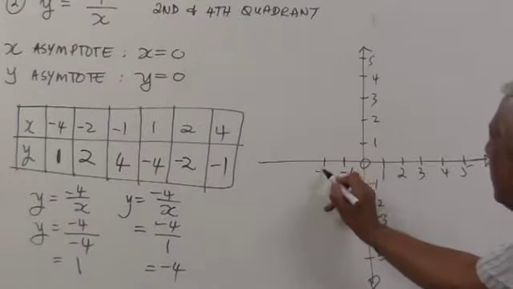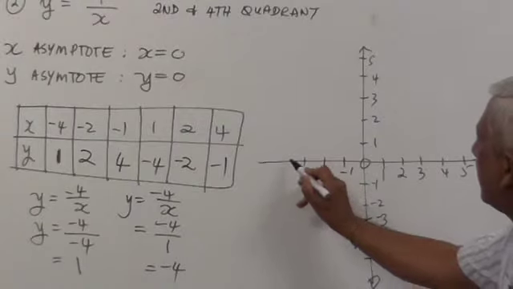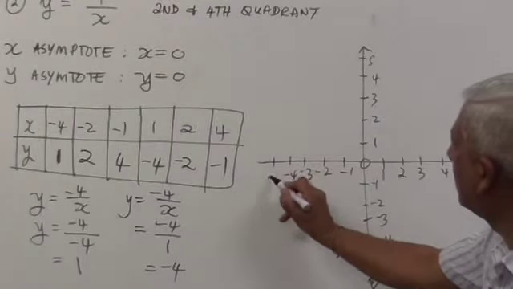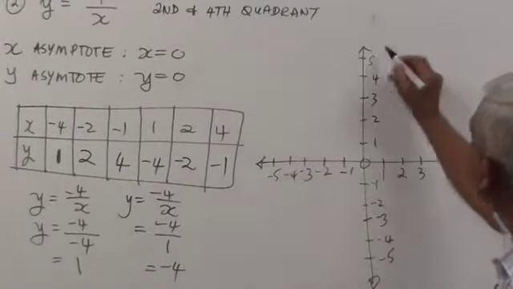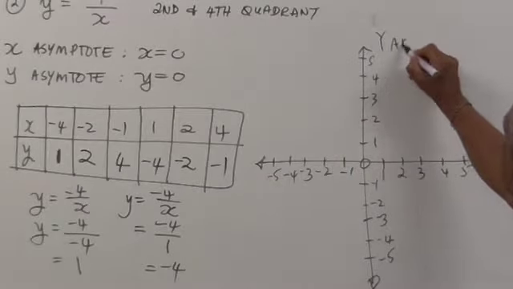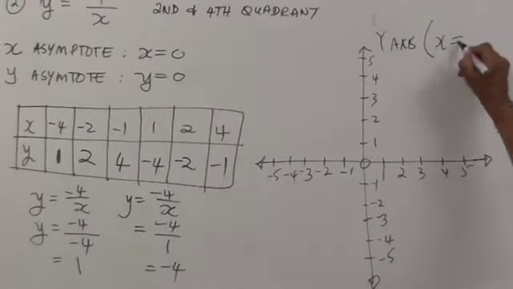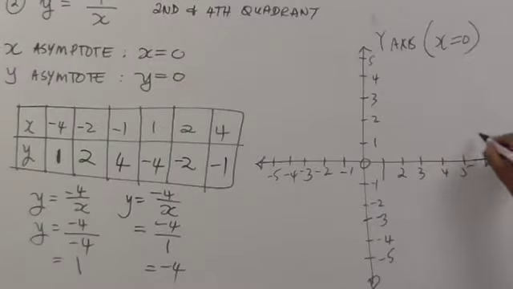Negative 1, negative 2, negative 3, negative 4, negative 5. This is your y-axis. It also happens to be x equal to 0. This is your x-axis. It also happens to be y equal to 0.